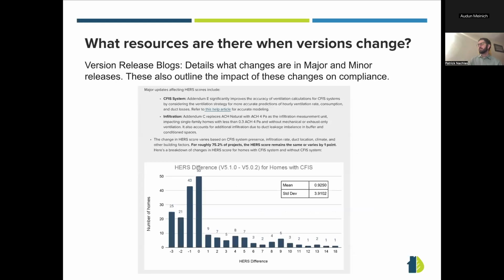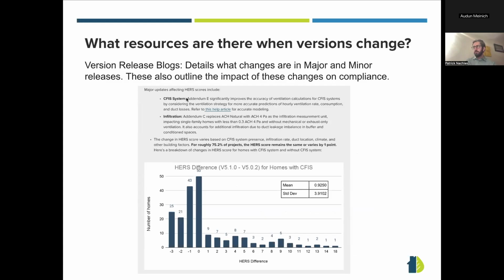So this is one resource. Another resource is anytime we do a major or a minor change, so going from version 4 to version 5 or going from version 5.1 to 5.2, we publish a fairly extensive blog which details the specific changes being made. So this is 5.0 to 5.1.